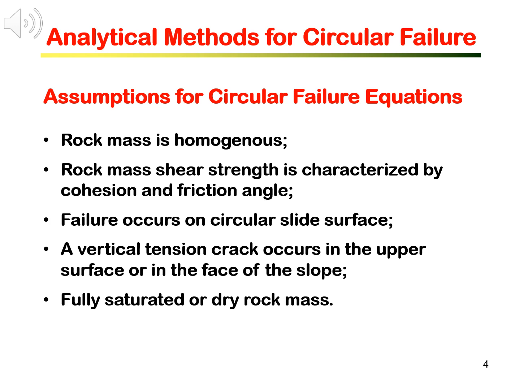Rock mass shear strength is characterized by cohesion and friction angle. 3. Failure occurs in a circular slide plane. 4. A vertical tension crack occurs in the upper surface or in the face of the slope. This is similar to the tension cracks in soils. The rock mass can be fully saturated or dry.